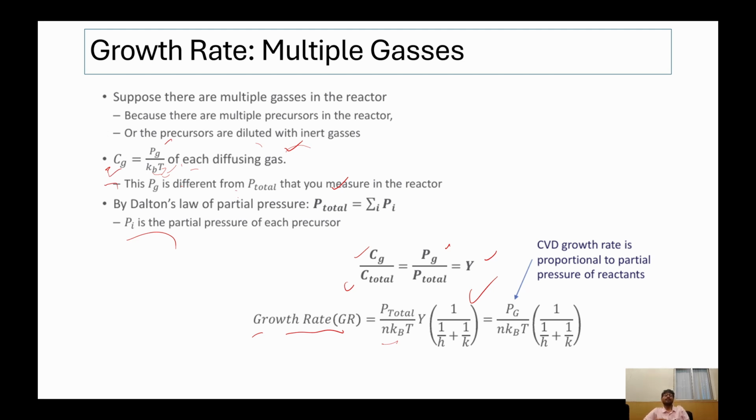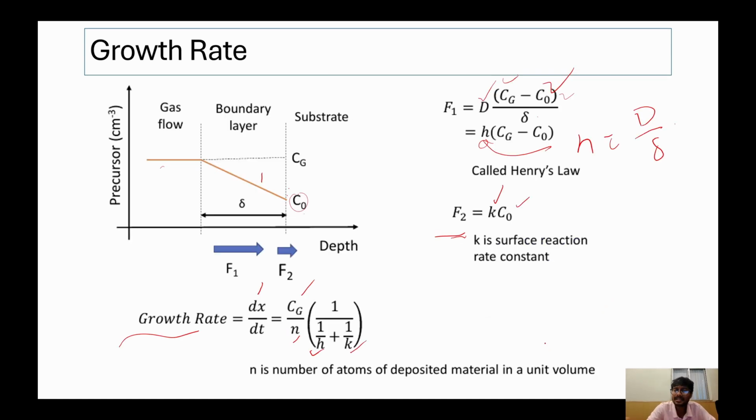The main thing I wanted to tell is that the growth rate is dependent on the partial pressure of the gas, the temperature at which you are doing it, the Henry's constant, which depends on diffusion, since H is equal to D by delta.